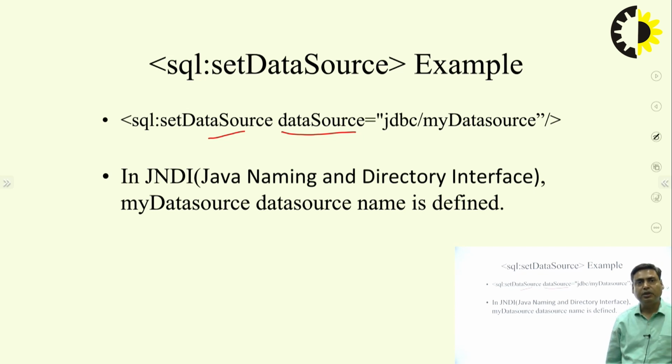Here in this example, I am assuming that data source is already created, because job of this video lecture is to discuss about the JSP action and JSP expression language. So if you have already created a data source, just mention the data source name here, and you will connect it to the respective database.